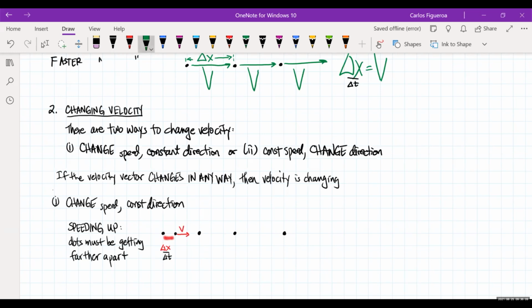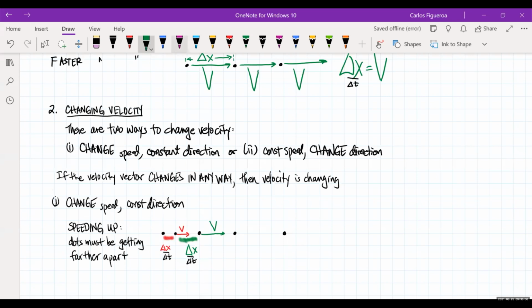Now I look at the next spacing. If I look at the next spacing here, you could see that that's farther. That means that my x should be larger. Okay. So then when I look at my velocity, that velocity vector should be drawn longer and bigger.